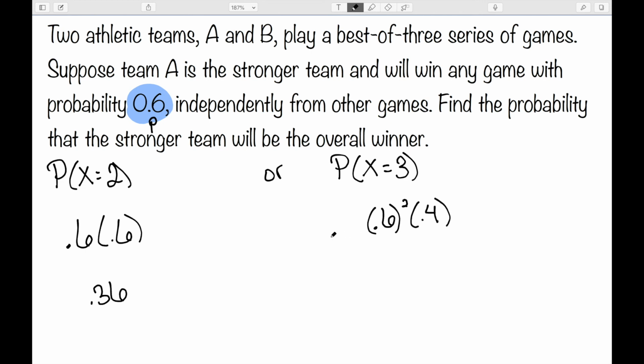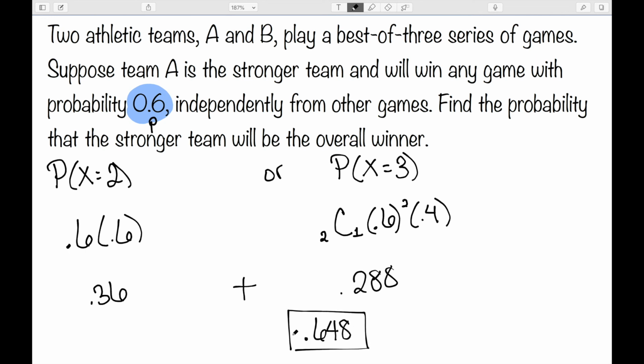And whether we win the first or win the second gives me that we have a total of 2 games that we need to pick one of for which one we lose in, which works out to 0.288. And since I only need one of these things to be true, I just add these up to get a total of 0.648. So there's a 0.648 chance that Team A will win this tournament.